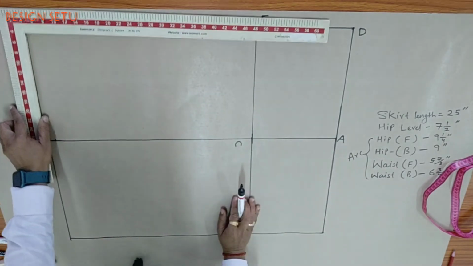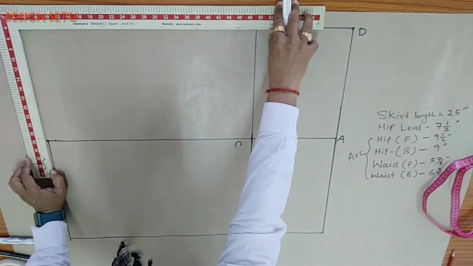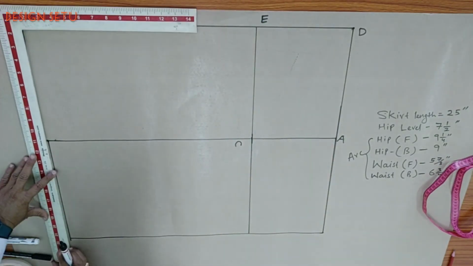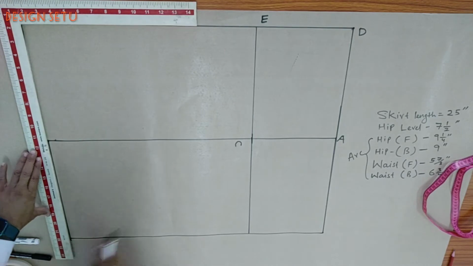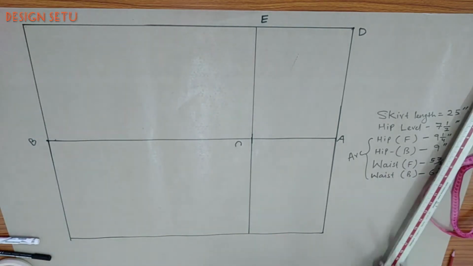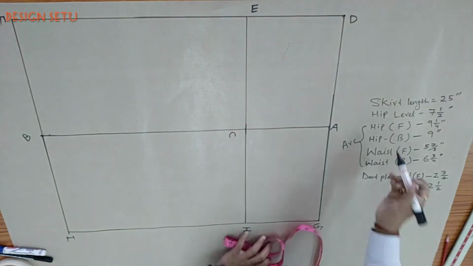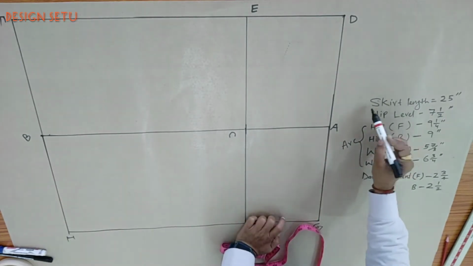After making the rectangle, mark all the points like E, F, G, H and I. Till now we have used skirt length, hip level, hip arc front and hip arc back, so we will cross mark those measurements.